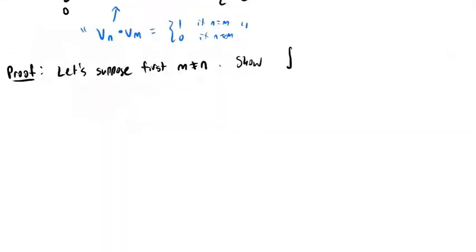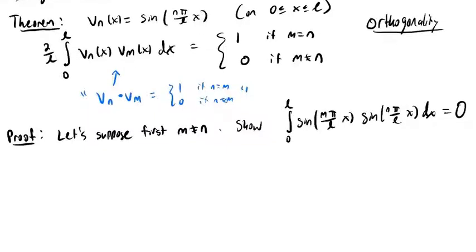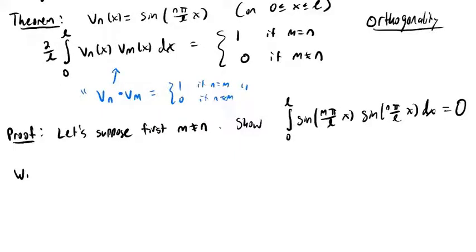We want to show that if we look at the integral from 0 to L of sine of m pi over L times x, times sine of n pi over L times x, dx, this is equal to 0 for m not equal to n. And so we're going to use the following trig identity.